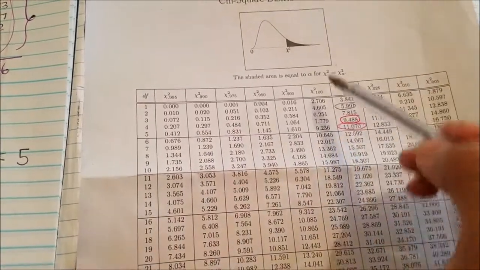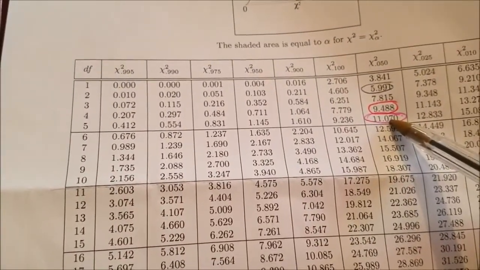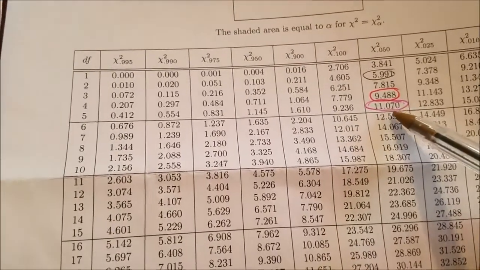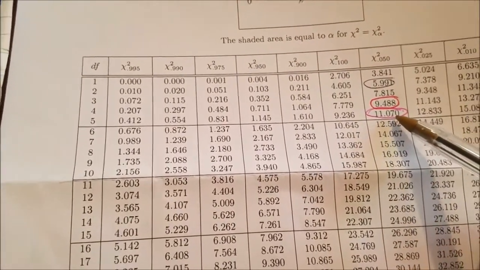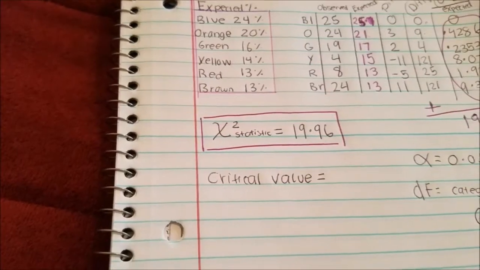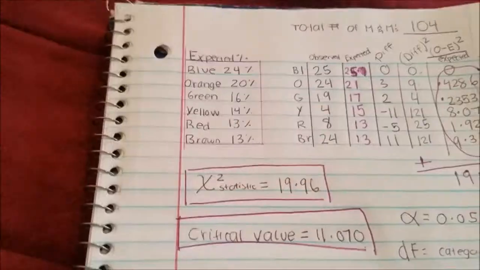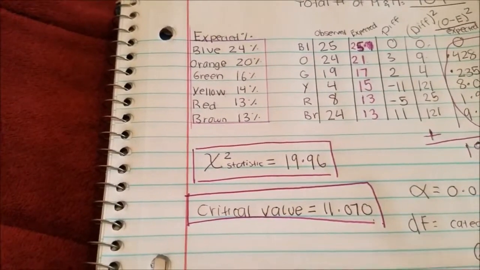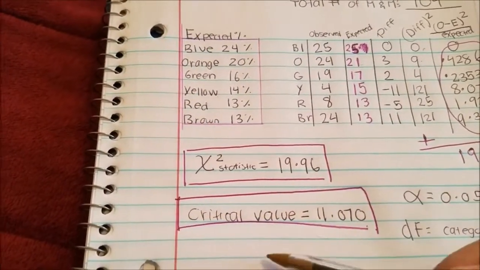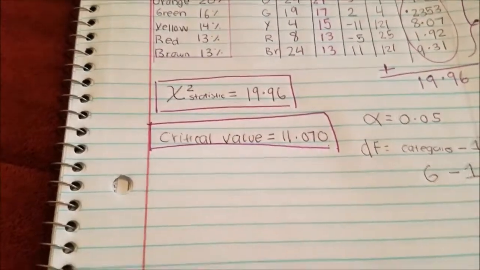And we put them together to find our critical value, which equals 11.070. Now I'm going to write the critical value that we just found on the table. Now that we have our chi-squared statistic and our critical value, we can make a conclusion.